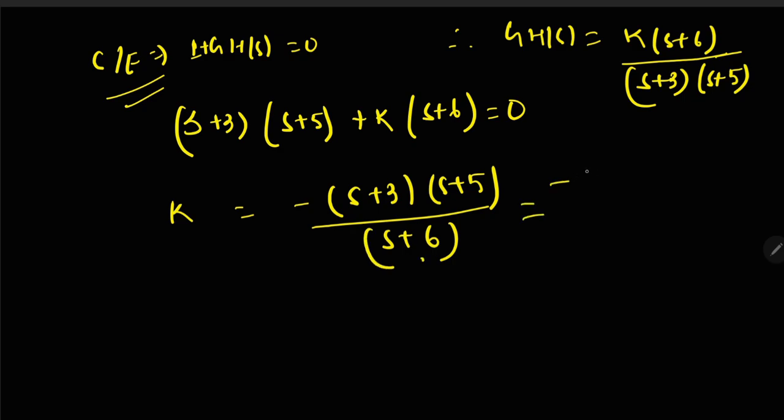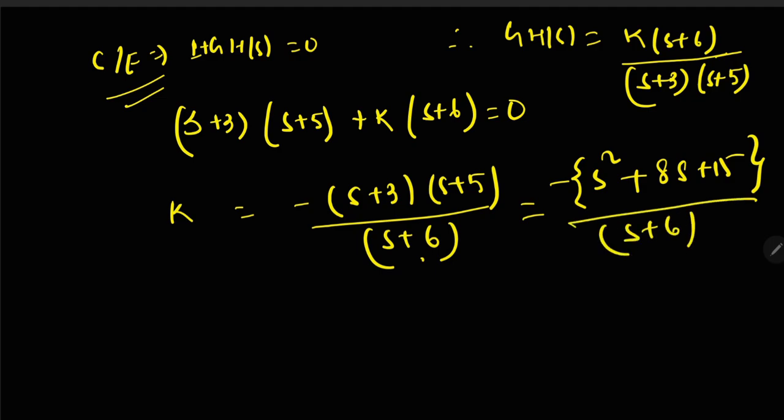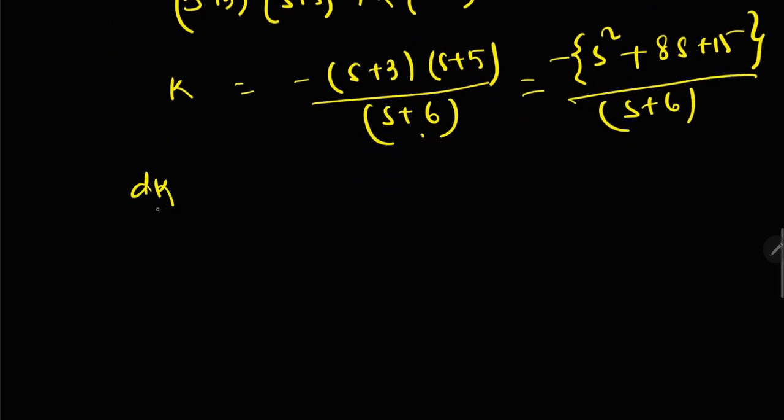Break this numerator expression: s square plus 8s plus 15 upon s plus 6. Now dK upon ds, differentiate. This is a form of u by v.